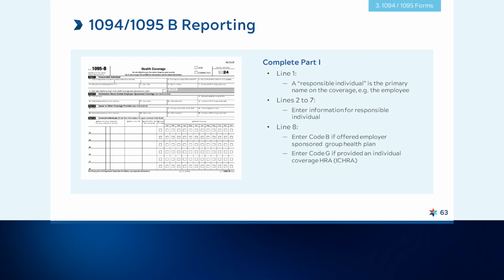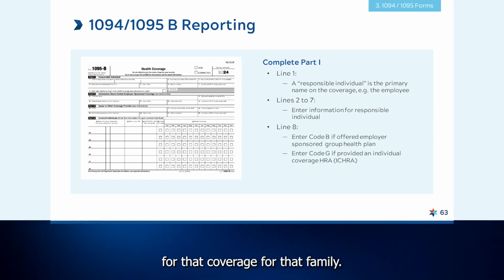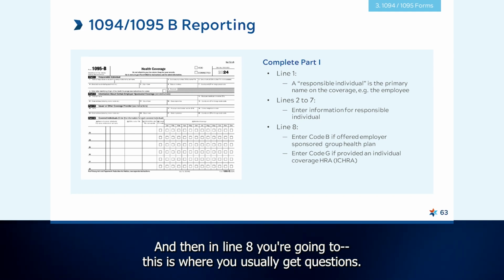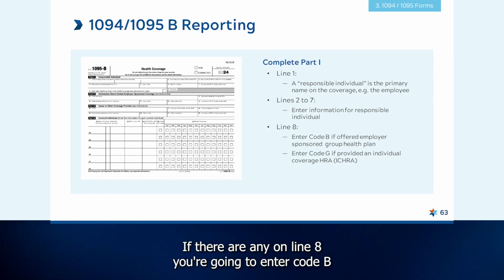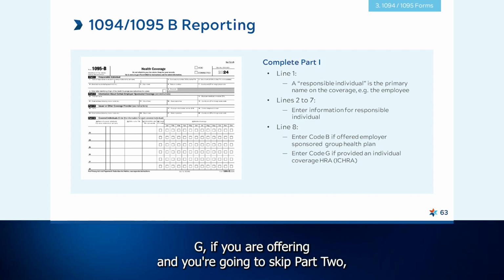Line 1 is the employee, so the responsible individual for that coverage for that family. Lines 2 to 7, you're going to enter information for that person. And then line 8 is where you usually get questions, if there are any. On line 8, you're going to enter code B if you're sponsoring a group health plan, G if you are offering an ICHRA.